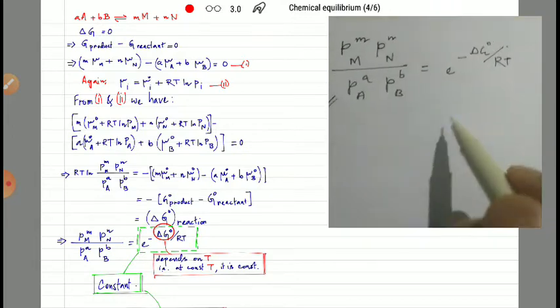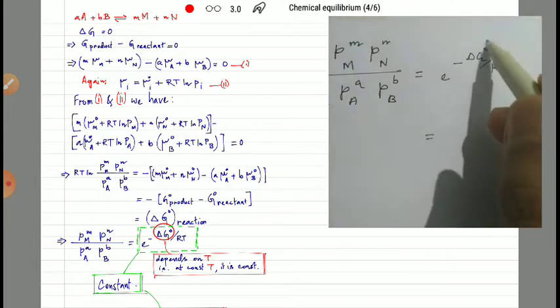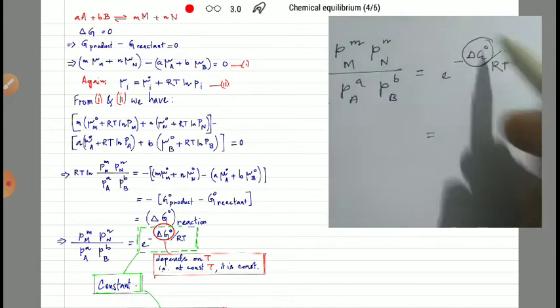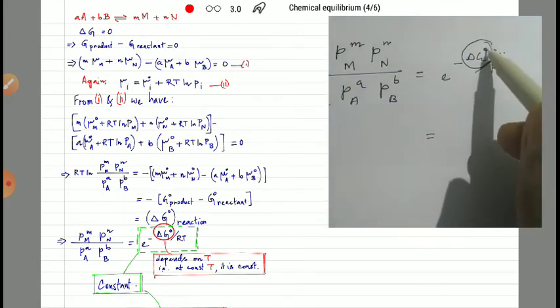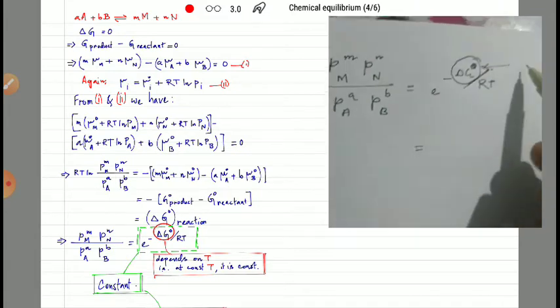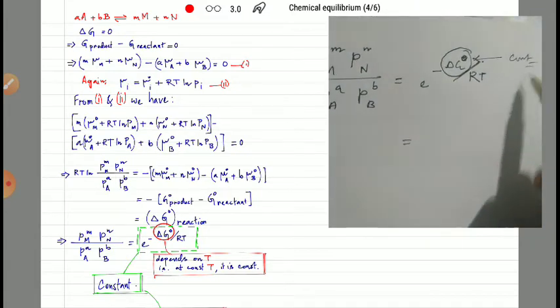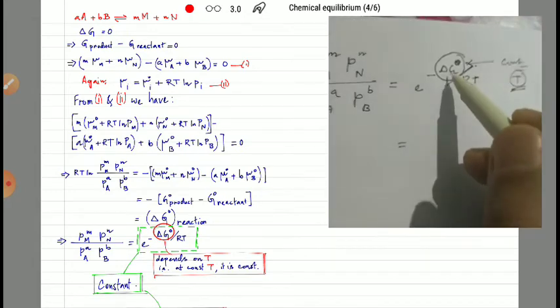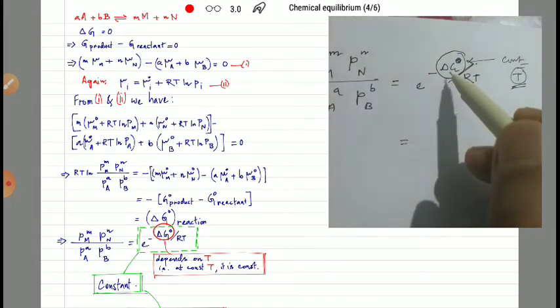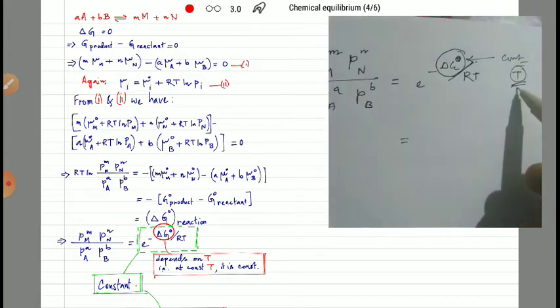If you notice this one, this del G naught is actually the Gibbs free energy of that reaction at a standard state, and this is constant for constant temperature. If the temperature is constant, then del G naught will not change. That means it depends only upon the temperature.